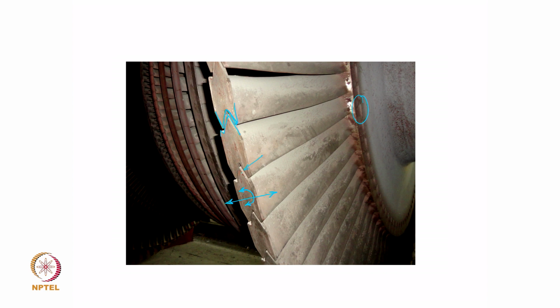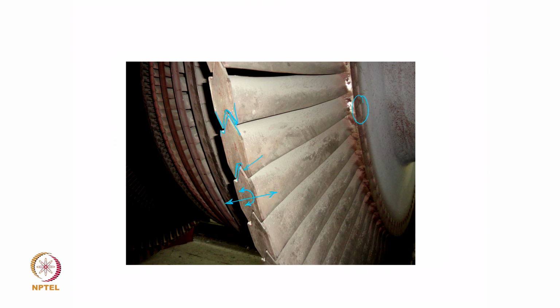friction because these projections are going to create a friction. As the blades vibrate, they will rub against each other, these tips are going to rub against each other, and that rubbing action is going to generate attenuation of vibratory displacement through dry friction damping.